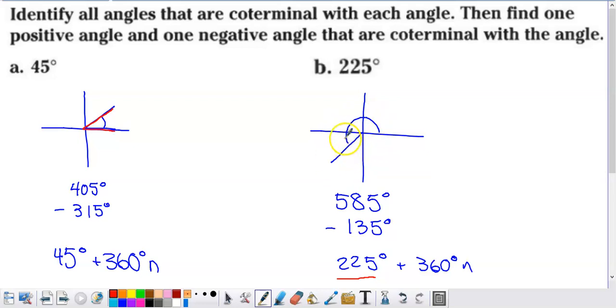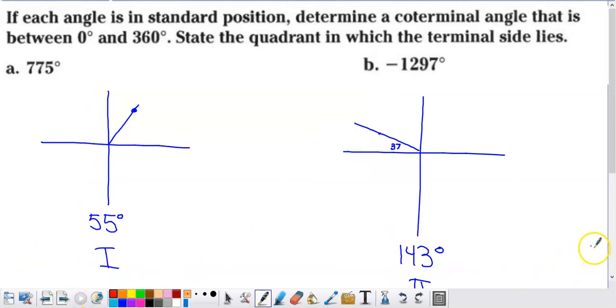Even if you move the opposite direction, the negative direction 360, negative direction 360 a second time, negative direction 360 a third time, as long as you're starting at that 225-degree angle, as long as you take an integer multiple of 360 around in the positive direction or around in the negative direction, you're going to end up in that same spot and be coterminal with that angle.